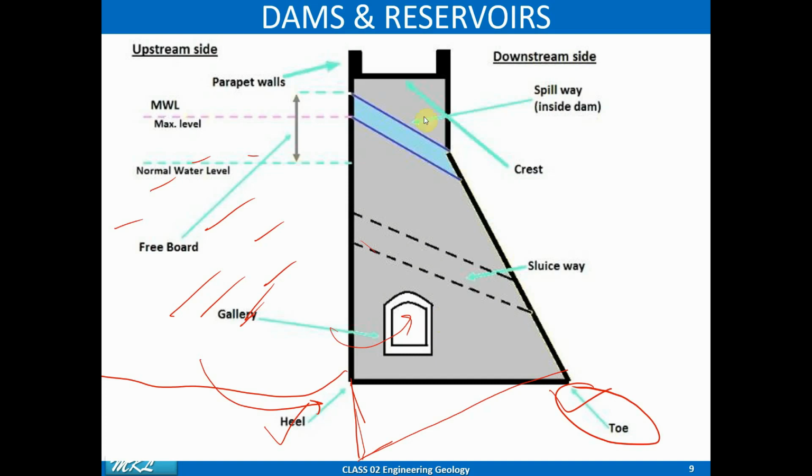Another important point here is the spillway, which is inside the dam. It basically controls the height of the water, okay. So the passage in the dam wall for discharge of surplus water in monsoon season: the water level goes up higher than the normal level, and if it crosses a certain limit, then that water will pass through this dam and go to the downstream side, because you have to protect the dam, right.